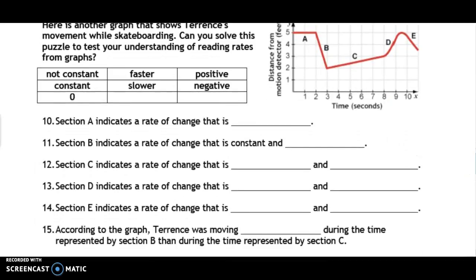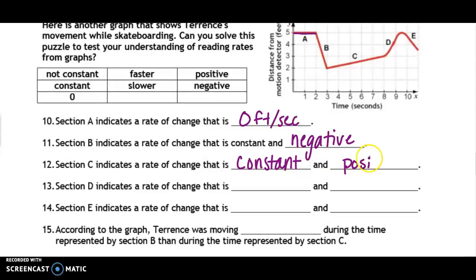So section A indicates that the rate of change is 0 feet per second. Remember we said that if it's flat-lined, it's not moving. B indicates a rate of change that is constant because it's that nice sharp straight line, and is negative because it's going down. Section C is also constant, but is positive because it's going up.